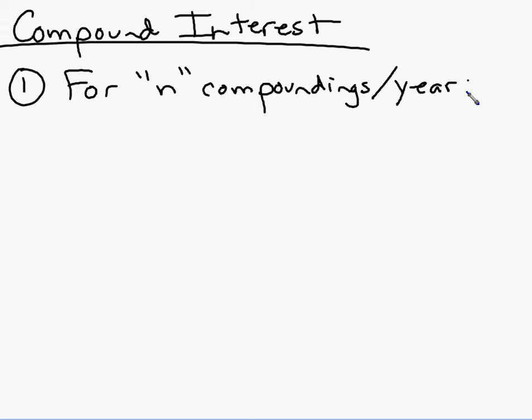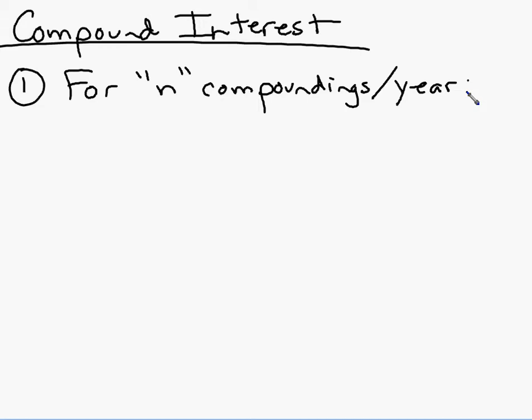Does anybody know? Interest is something the bank pays you for putting your money in the bank. It's not very much, okay? But they give you a little small amount of money for storing your money at their bank. Why? Because they're going to loan your money to somebody else. That's why. Okay, so they give you a little bit of interest, and when they actually add that money in, that's called compounding the interest. Okay, so it's actually added into your account.